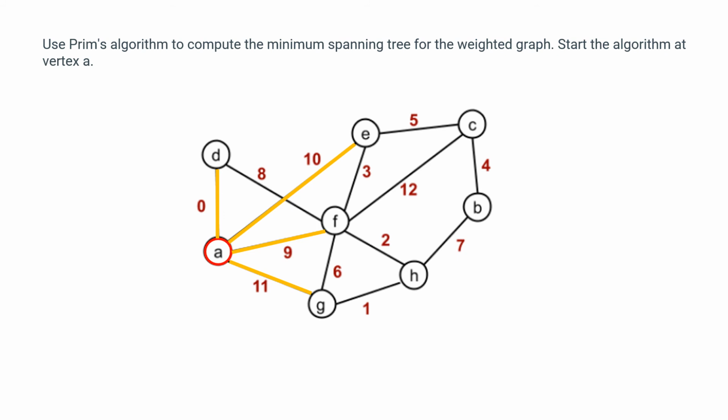Now we're going to look and see which has the smallest weight, and AD has the smallest weight. So we'll choose that to be part of our tree. And now, because I added D as a vertex in my tree, I may have added some more candidate edges.